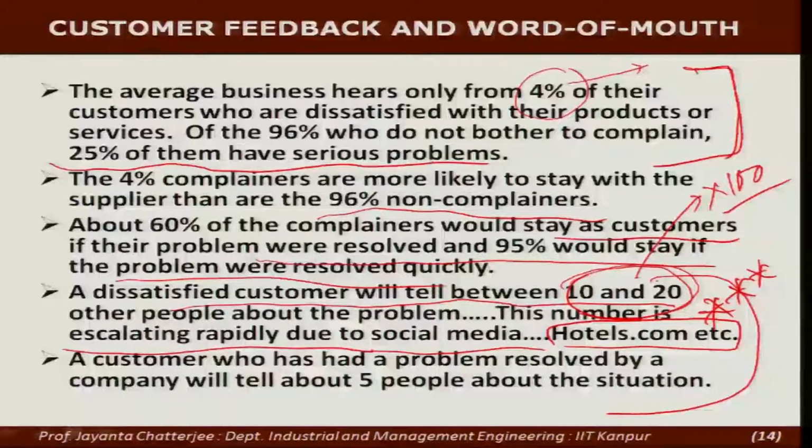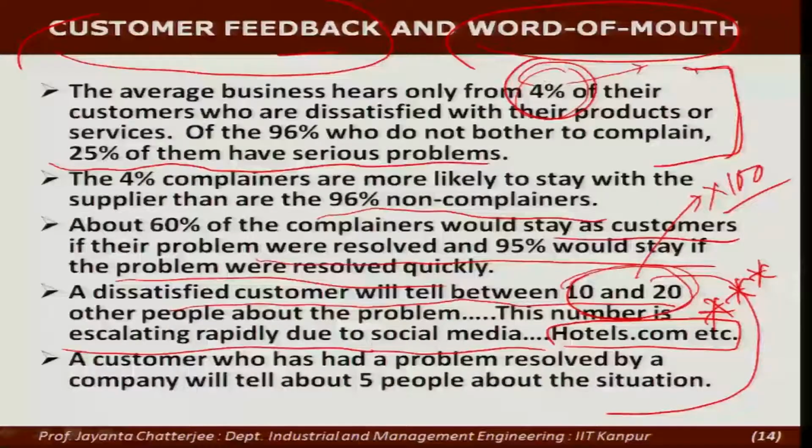So, therefore, taking care of word of mouth, regularly soliciting customer feedback and acting upon that feedback have become crucial elements of managing services, because the more feedback you have, the better your chance to address the problem.